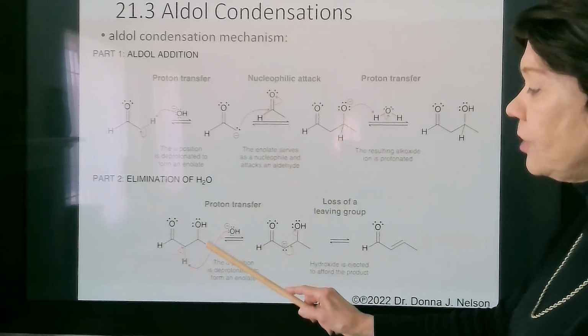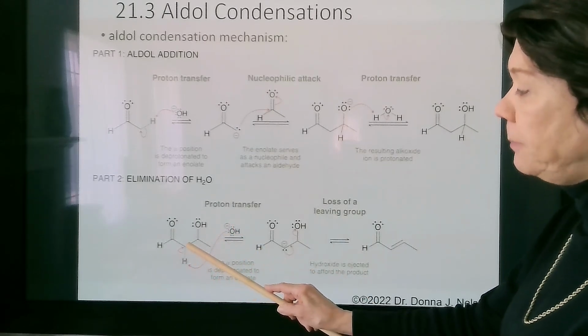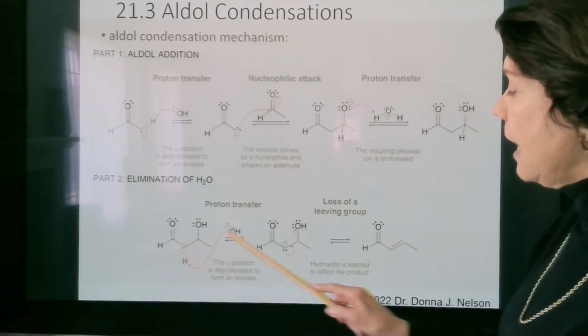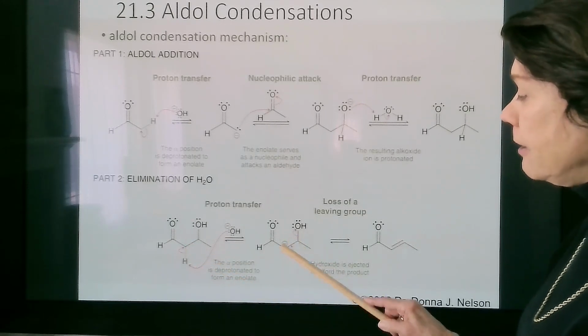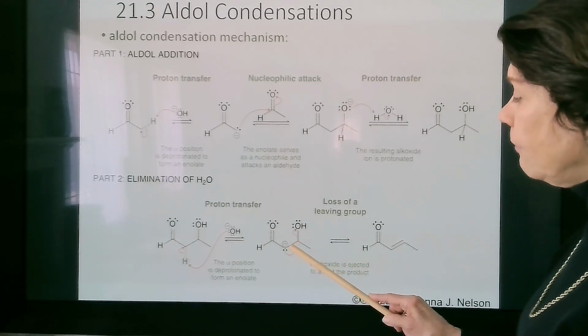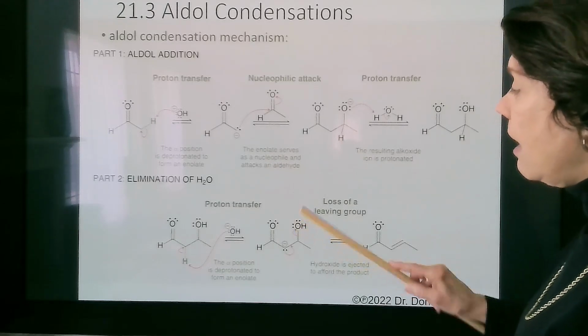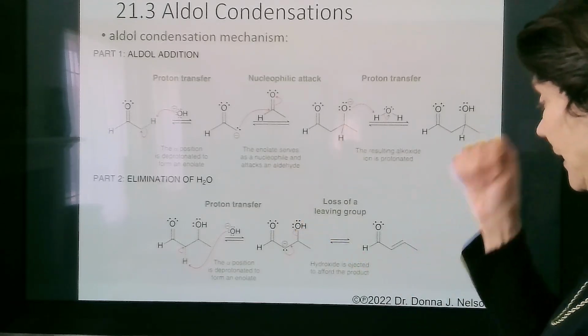So now hydroxide comes in, deprotonates at the alpha position. And so now you have an anion at that alpha position. This moves in, forms a pi bond, and you have hydroxide leaving.